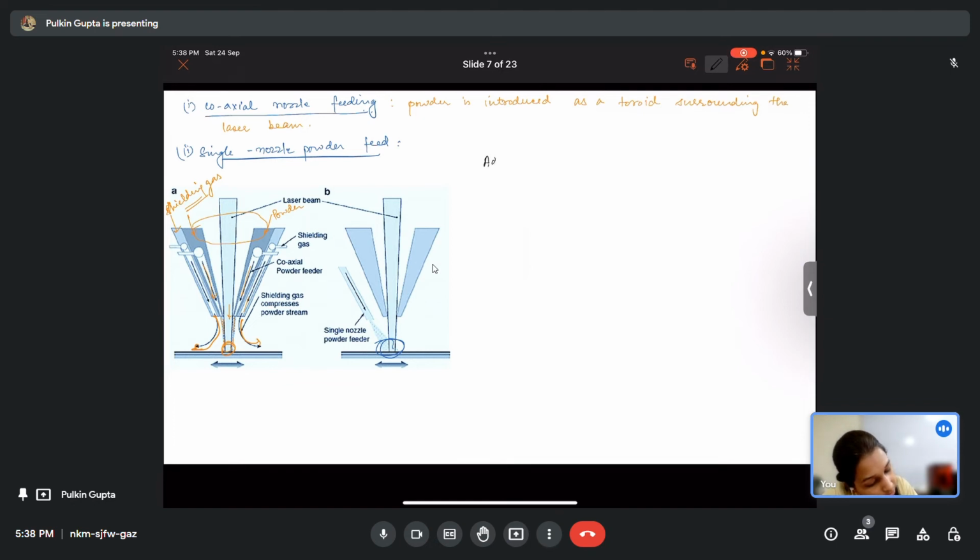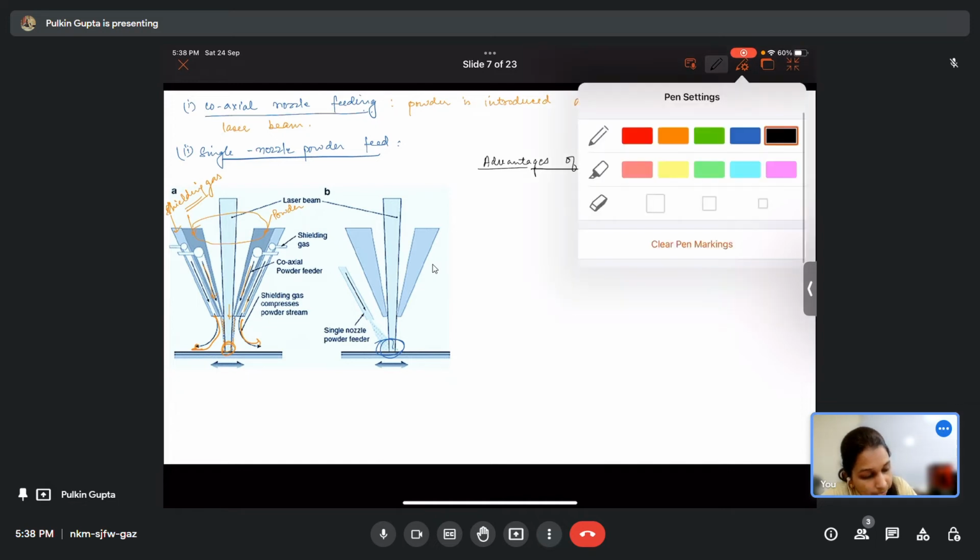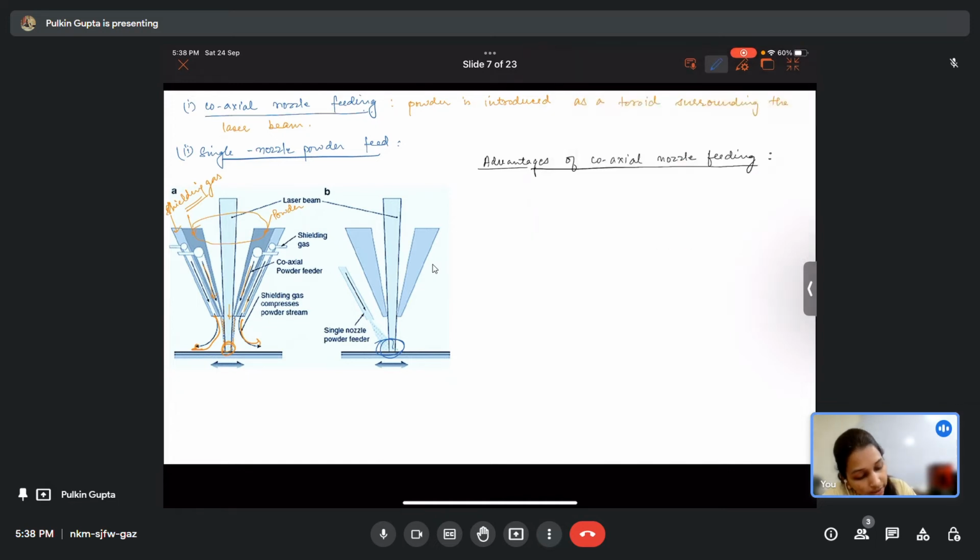Advantages of coaxial nozzle feeding. Okay, now what are the advantages? First, it enables higher capture efficiency of powder.